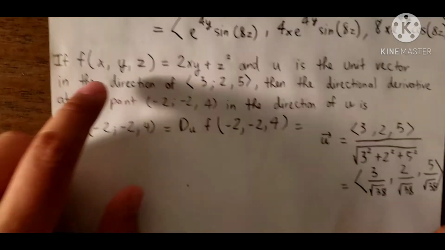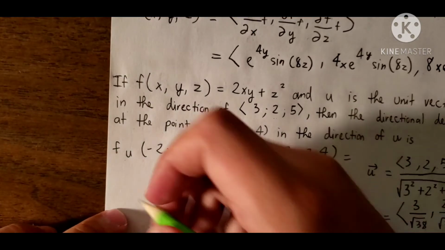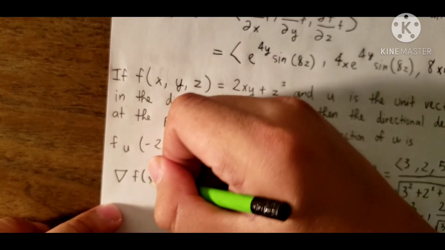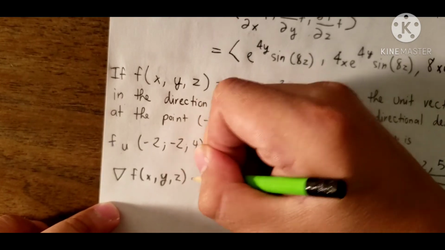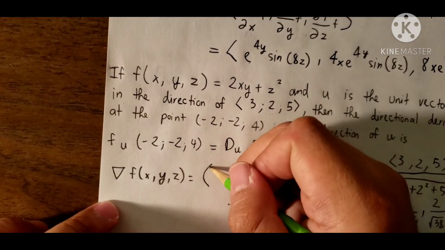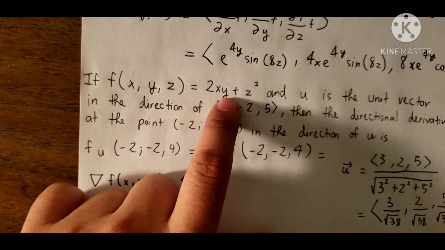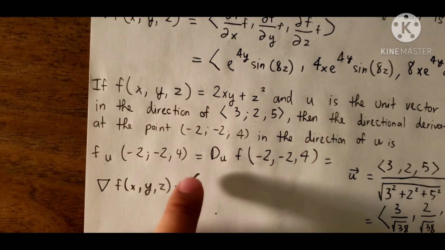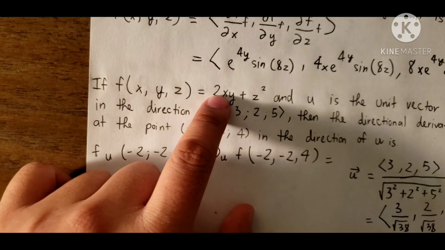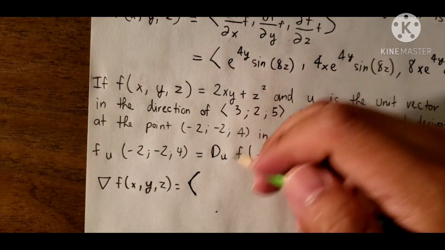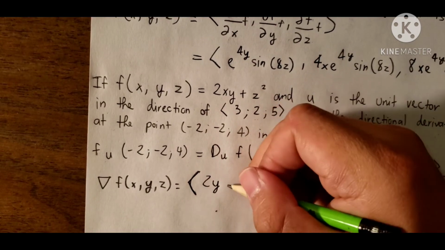The second step is about the function. We need to find the gradient of the function. We have 2xy and z squared. Now we do x: x becomes the variable, y and z become numbers, so we have 2y only.